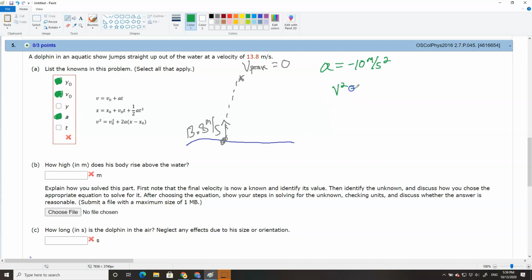So we can use v squared is v initial squared plus 2a delta y. 0 squared will be 13.8 squared plus 2 times negative 10 delta y. 13.8 squared is 190.